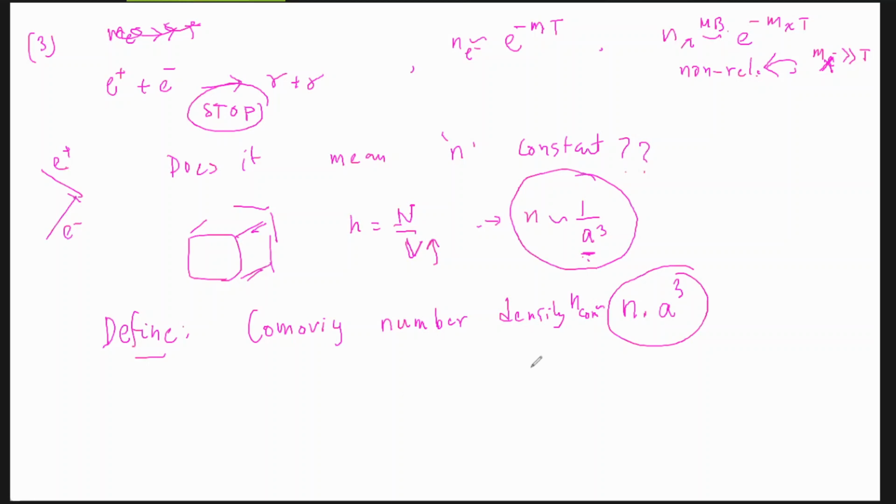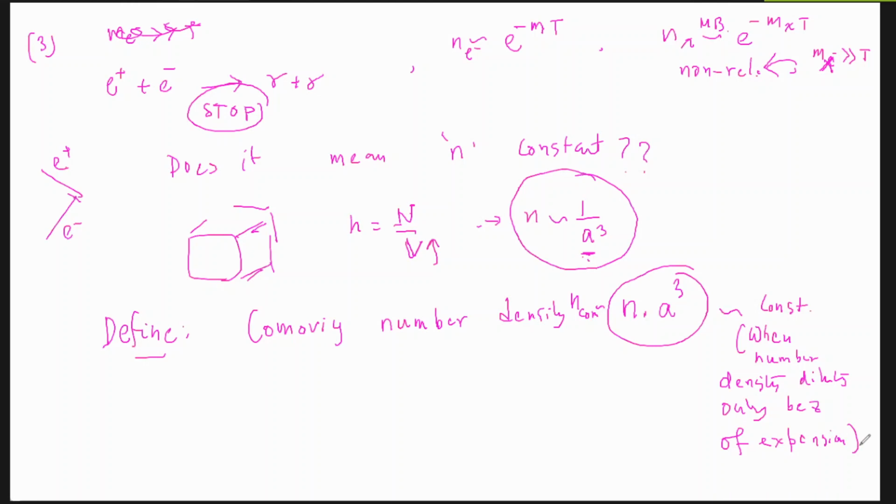Co-moving means you nullify the effect of expansion, because n is going as 1 by a cube, so I'm multiplying it by a cube. So it will become like a constant when the number density dilutes only because of expansion. Is it clear?